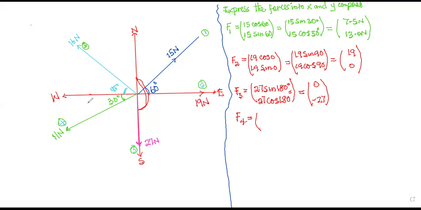When we subtract 30 from 270, and when we take the angle from the north, it is 240. So let's only use the angle it makes with the x.